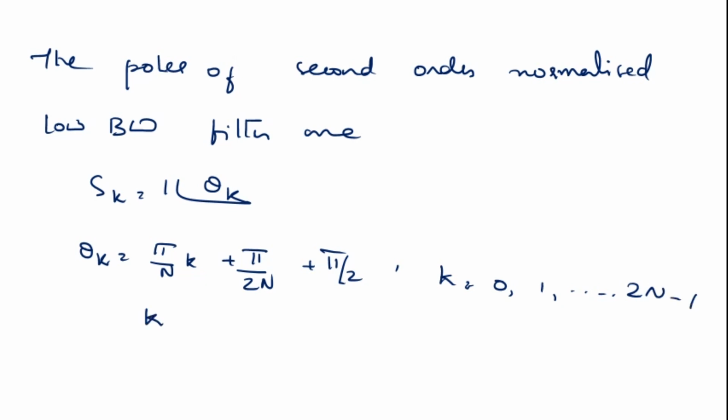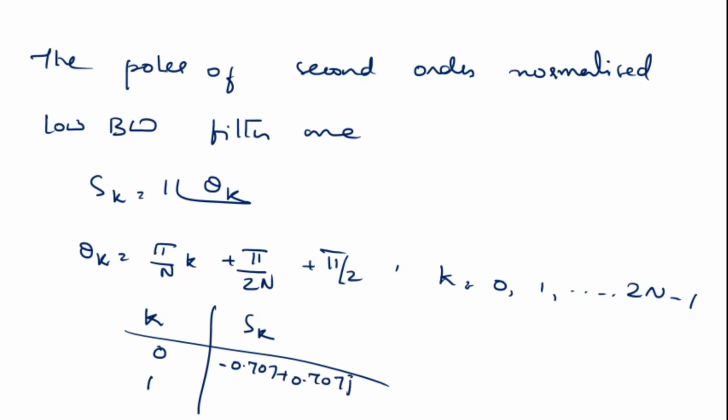So for k, two different values, we have to calculate 0 and 1. We get Sk: first value minus 0.707 plus 0.707j, and second one minus 0.707 minus 0.707j.